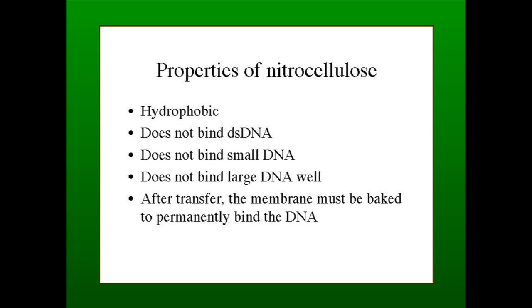It doesn't bind double-stranded DNA very well, so we separate the strands first, and it doesn't bind small DNAs very well, or large DNAs. So typically when we work with DNA samples in Southern blots, we like to chop them into chunks. And these chunks we would preferably like to have around 20 kilobases or so.